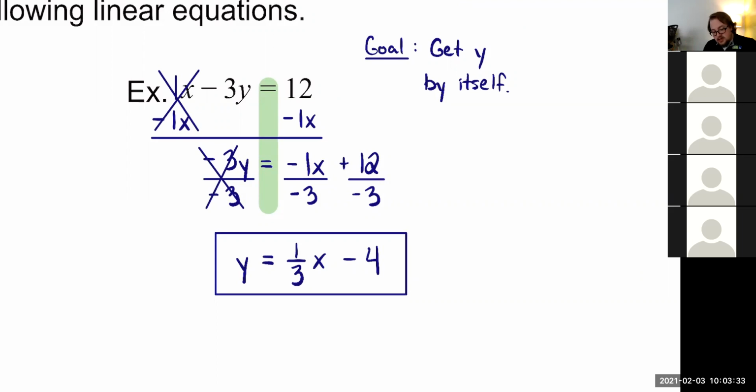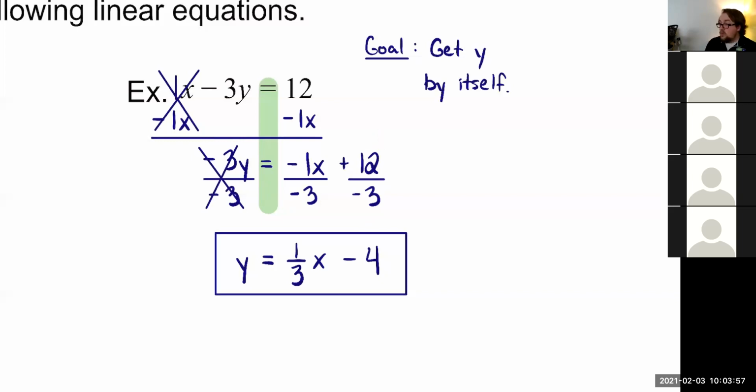Here we're just doing individual divisions. This one cleaned up, leaving me with y. This one here cleaned up to give me a positive 1/3 x. And then the positive 12 divided by negative 3 gave me the negative 4. They're just little divisions. So that's a good question. Kind of looks like a proportion, but a little bit more involved.